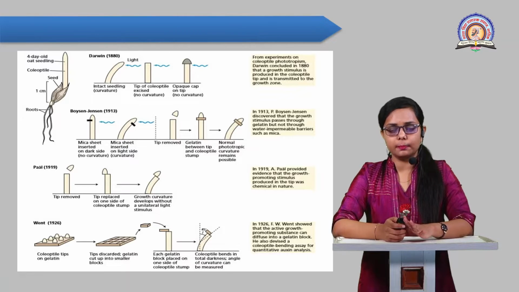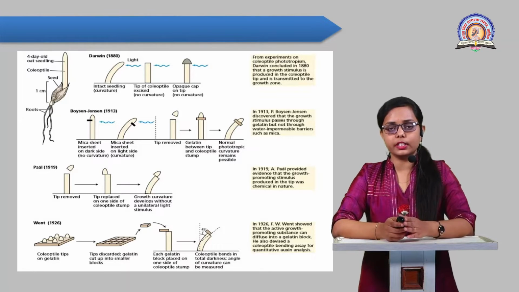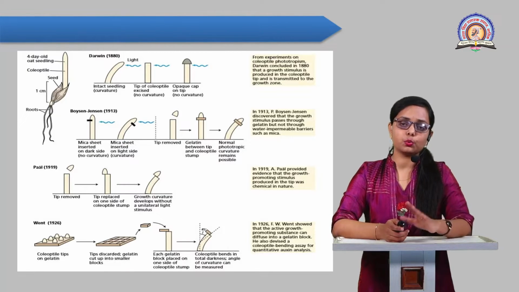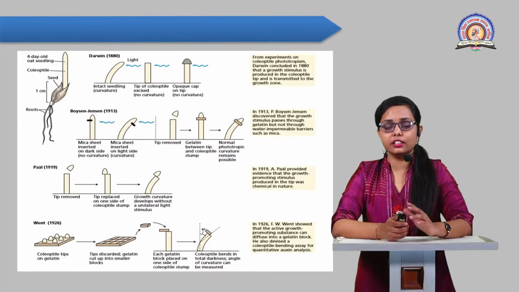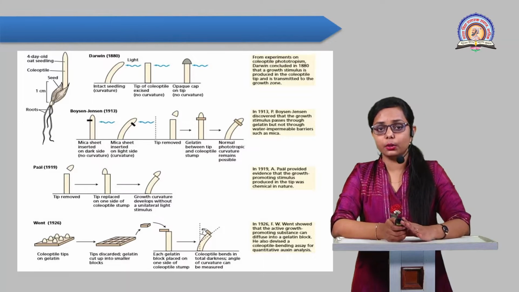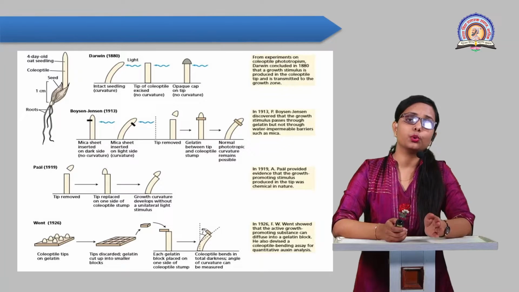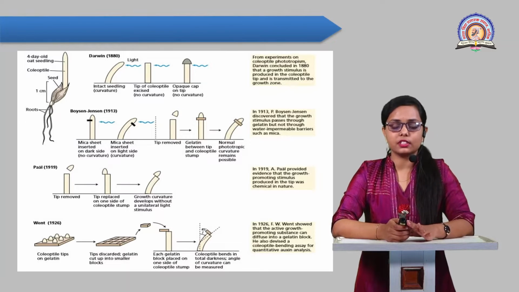Plants lack motility completely, they don't have any mobility, but still this coleoptile bends toward the sunlight. He had a very keen interest to find out how this coleoptile particularly bends toward the sunlight.